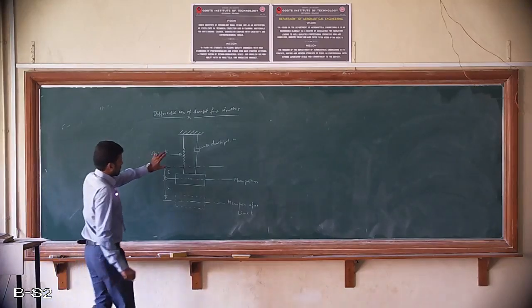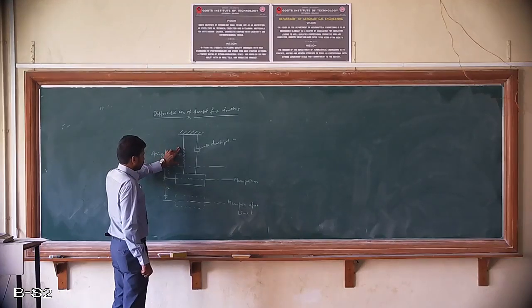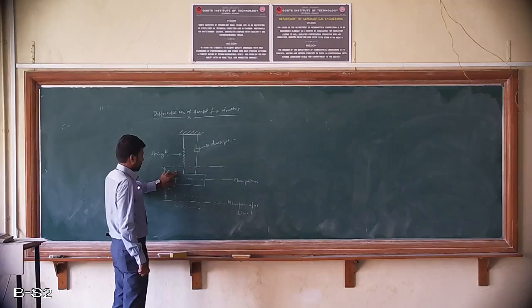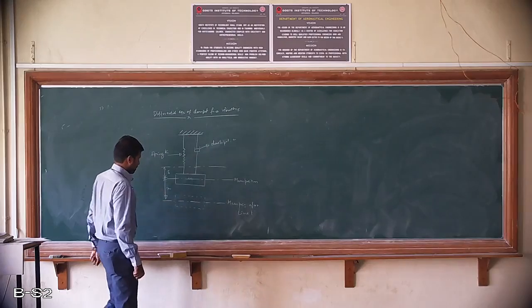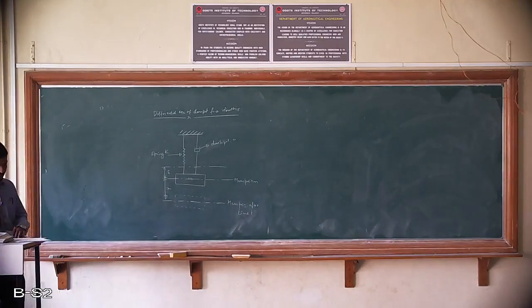Consider a spring having a stiffness K. To the one end of the spring we have attached a mass and the other end of the spring is fixed, and in between mass and a rigid support there is a damper or dashpot, which is mentioned as C.